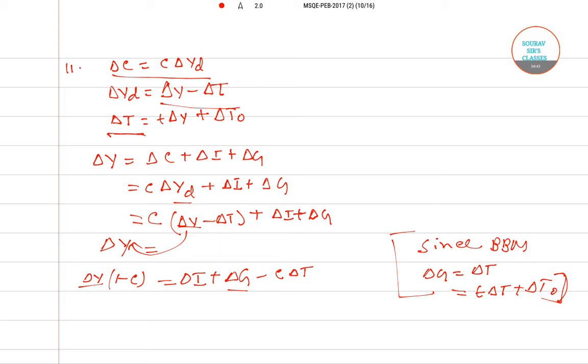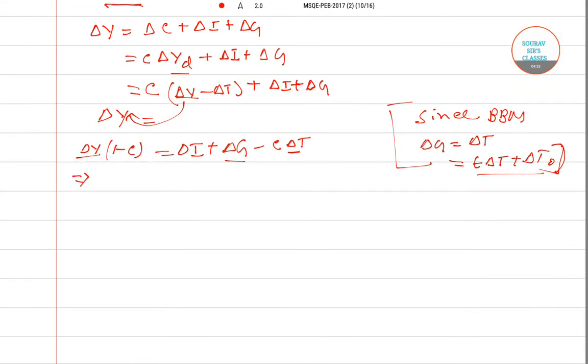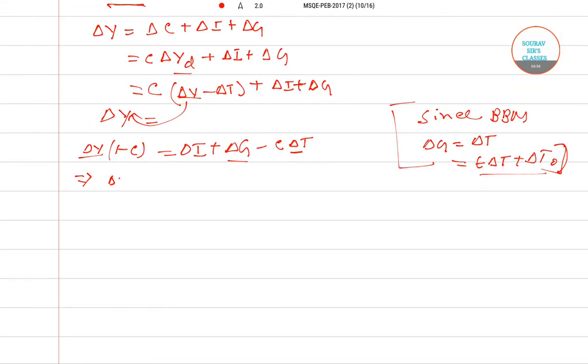So now we'll put the value of change in t like this. So change in y into 1 minus c equals change in I plus change in g minus c into t change in y plus change in t naught.